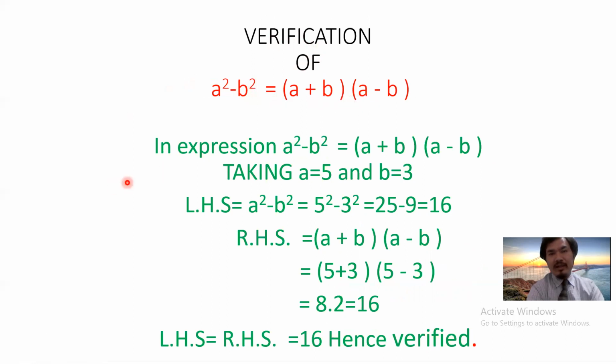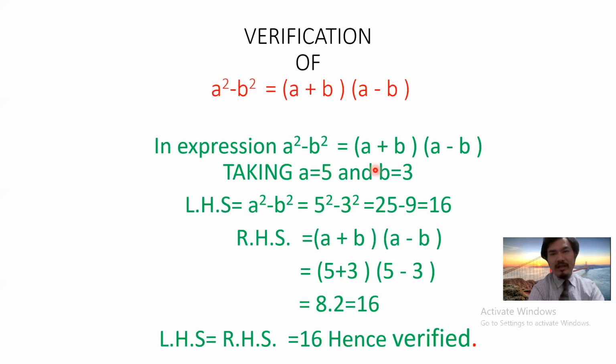Let's take different values of a and b: a equals 5 and b equals 3. In the left hand side, a square minus b square, in place of a we write 5 square and in place of b we write 3 square. 5 square means 25, and 3 square means 9. Now 25 minus 9 is 16. Like this, 16 came from the left hand side.